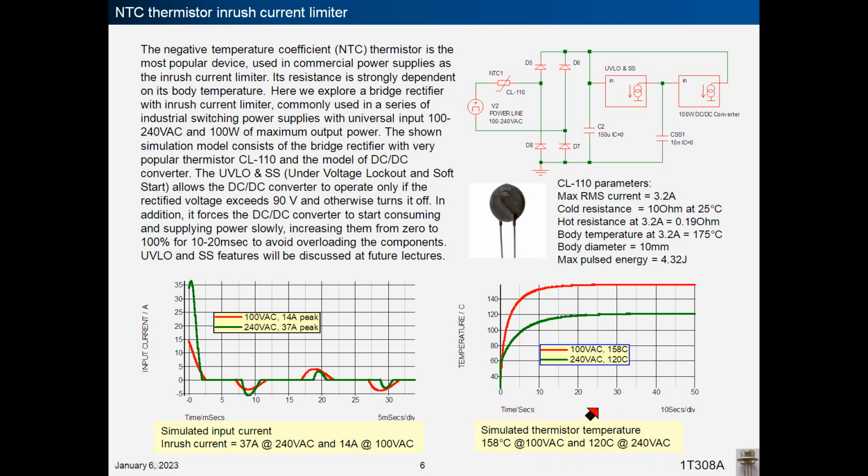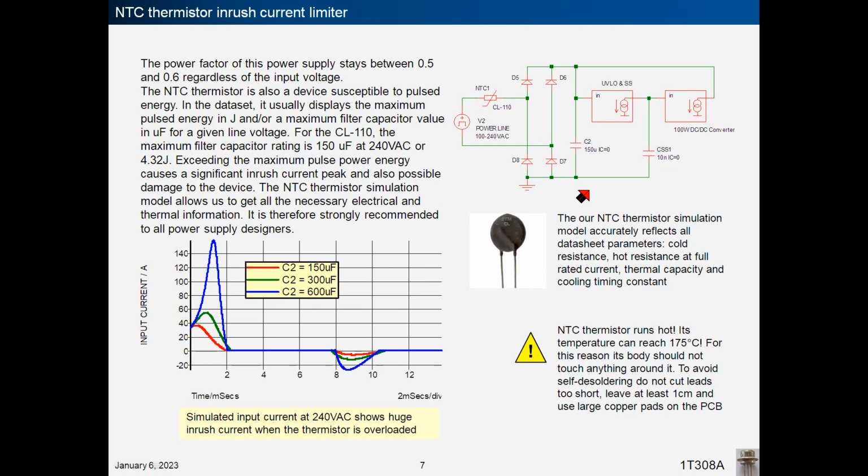As you can see, the thermistor body is very hot. The power factor of this power supply stays between 0.5 and 0.6 regardless of the input voltage.